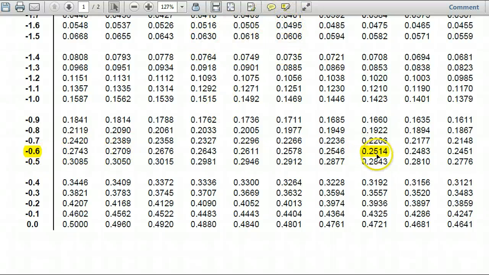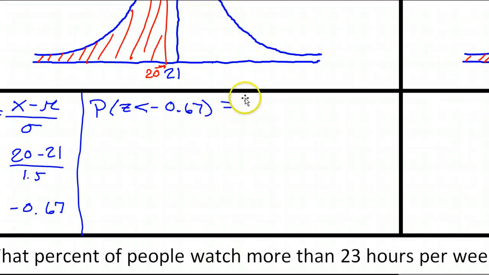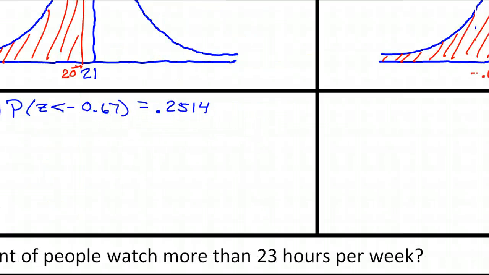Okay, so this is the proportion that I'm looking for: 0.2514. That is the proportion of z values that are to the left of this number.